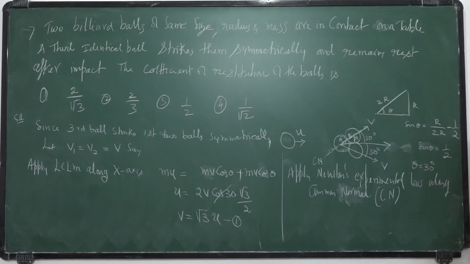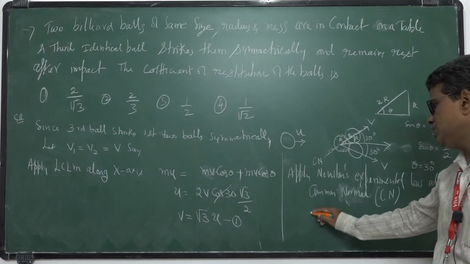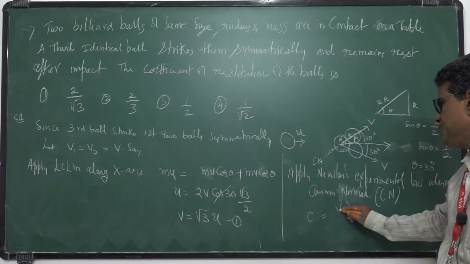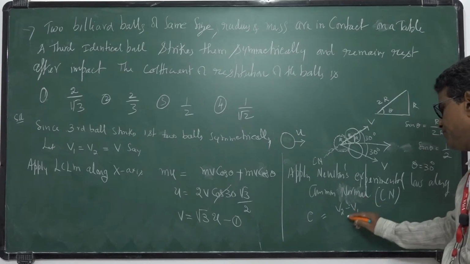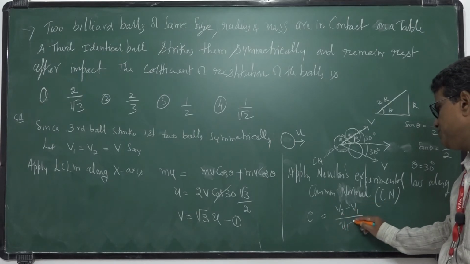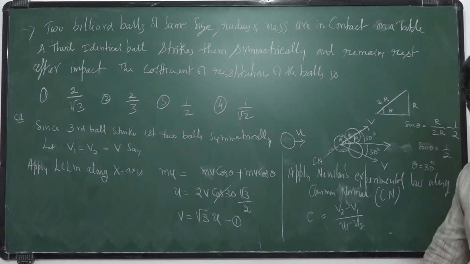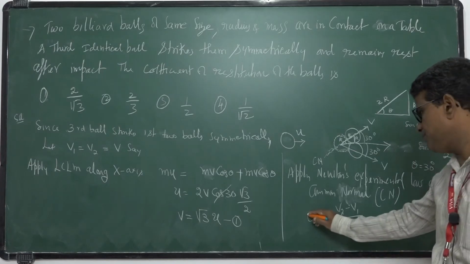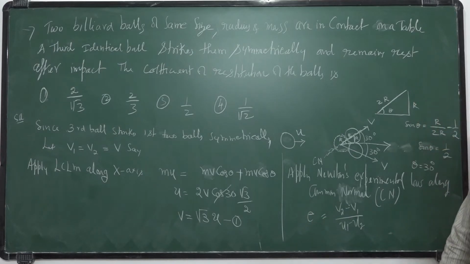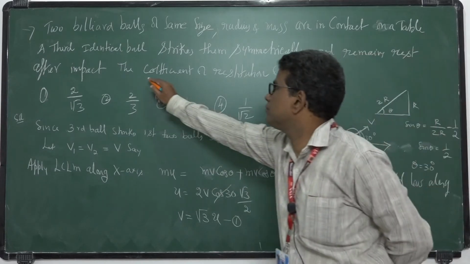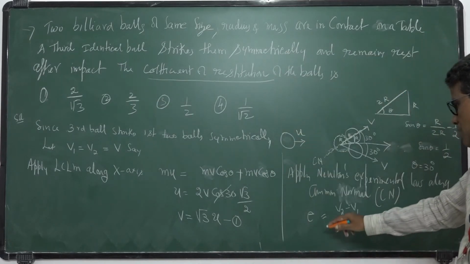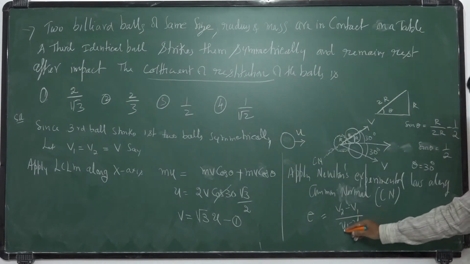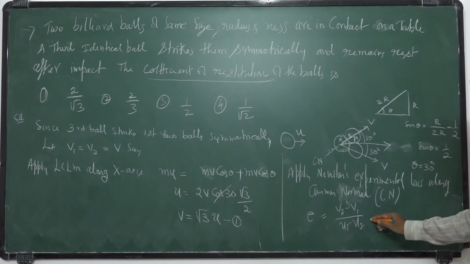So what is Newton's experimental law? We want E, which is v2 minus v1 by u1 minus u2. Isn't it? This is the expression for E. What is E? Coefficient of restitution. E is equal to v2 minus v1 by u1 minus u2. So you apply it along the Cn direction.